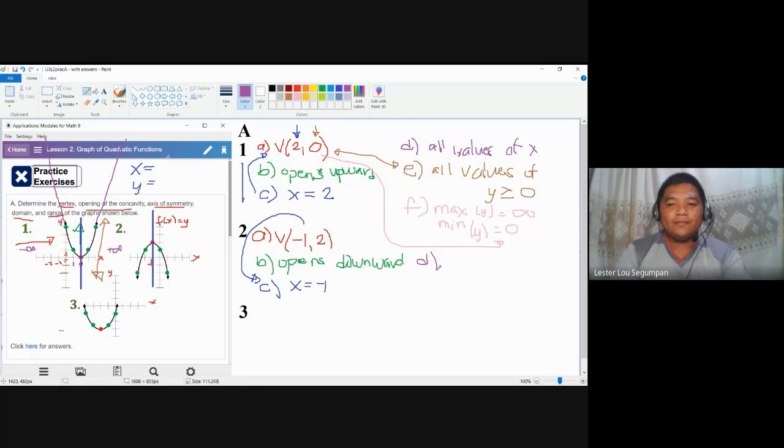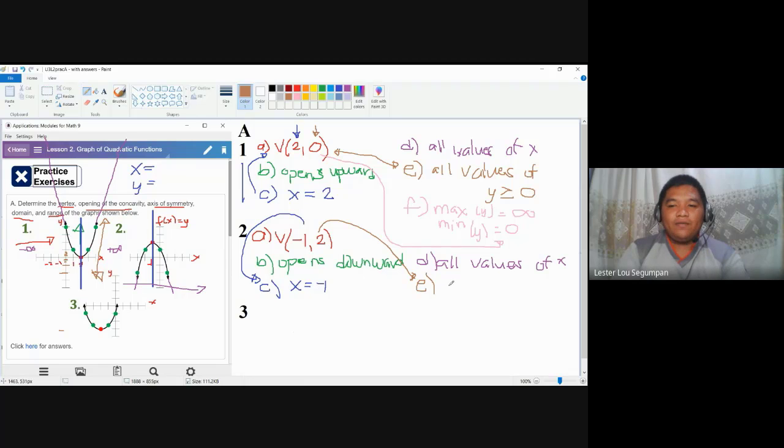For letter D, as you move from left to right, this extends forward. So your answer is still all values of x. However, for your letter E, again, as discussed, the range is given by the y coordinate of the vertex.